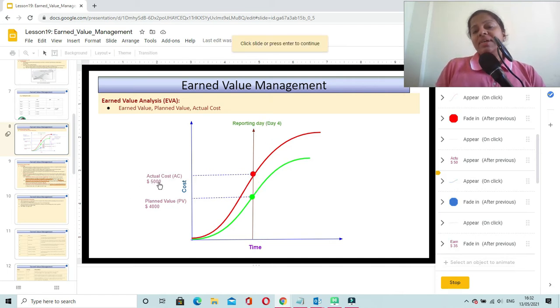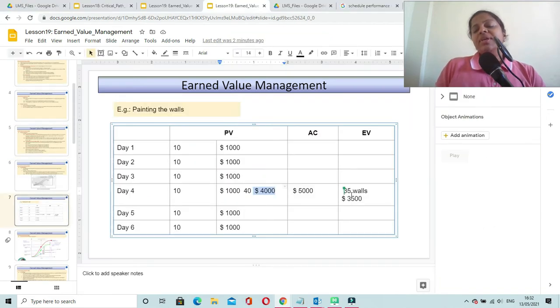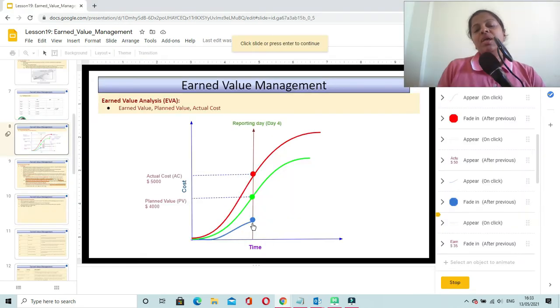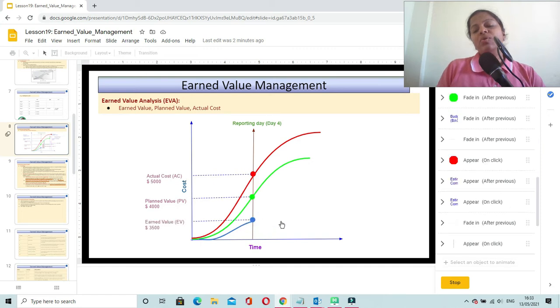Now in our example it is $5,000. Now we have earned value, that is we have painted only 35 walls due to inefficiency, and the value of the actual amount of work that is accomplished is $3,500. So that will come somewhere over here, that is below your planned value. This is the earned value on day 4.